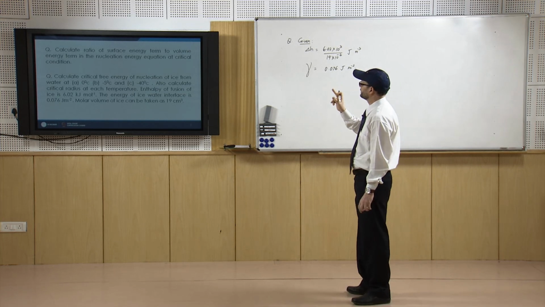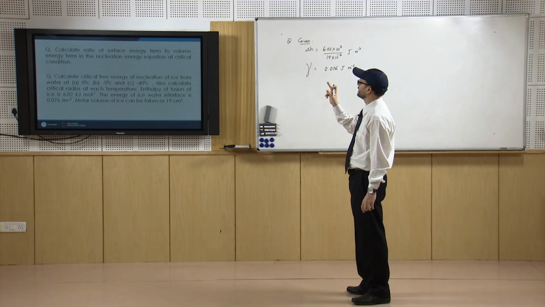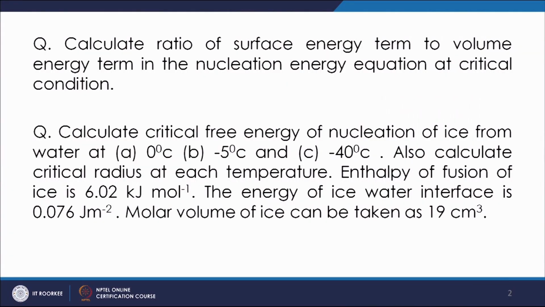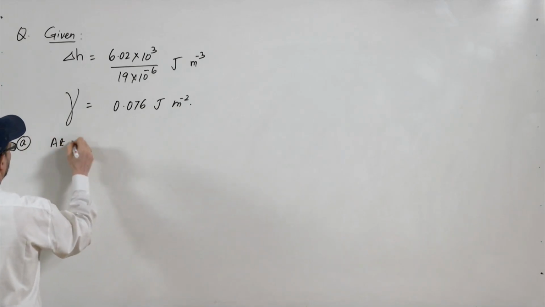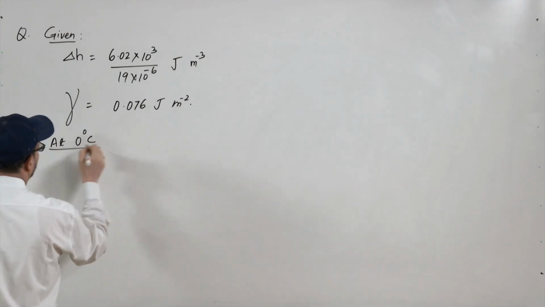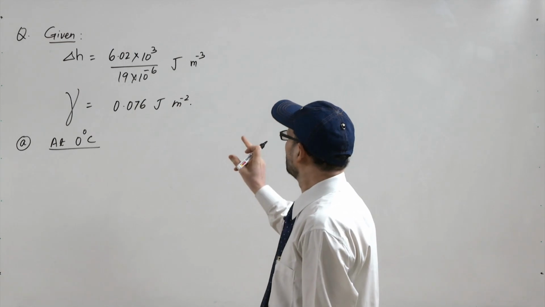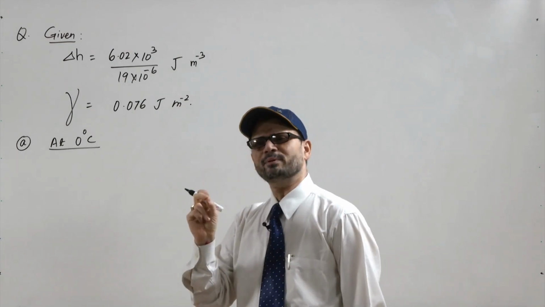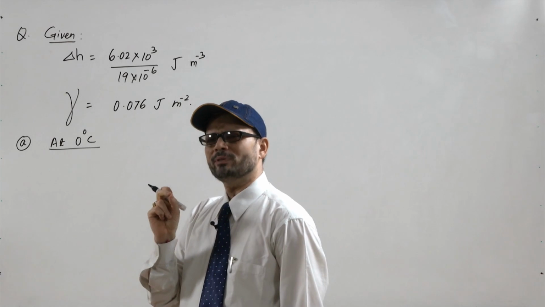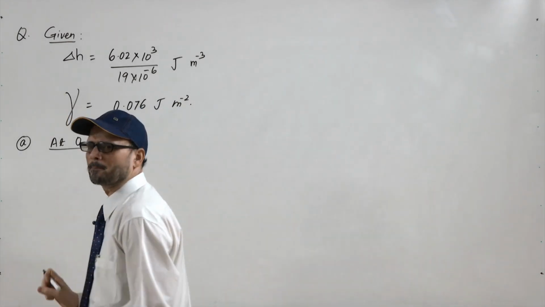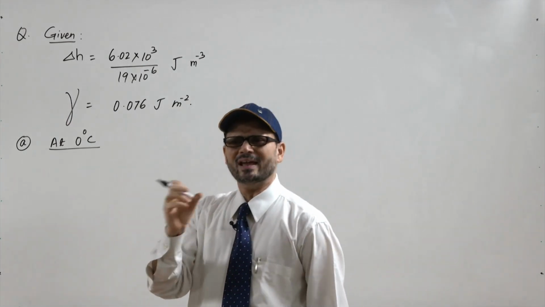We have to find the critical free energy of nucleation of ice from water at 0 degree C, minus 5 degree C and minus 40 degree C. So, let us take the first case, at 0 degree C. Now, in this case we know that 0 degree C is the melting temperature of the ice. So, basically it is nothing but the equilibrium temperature itself.